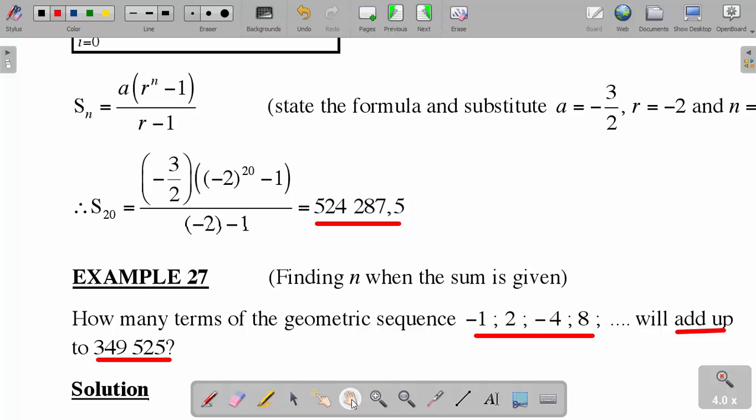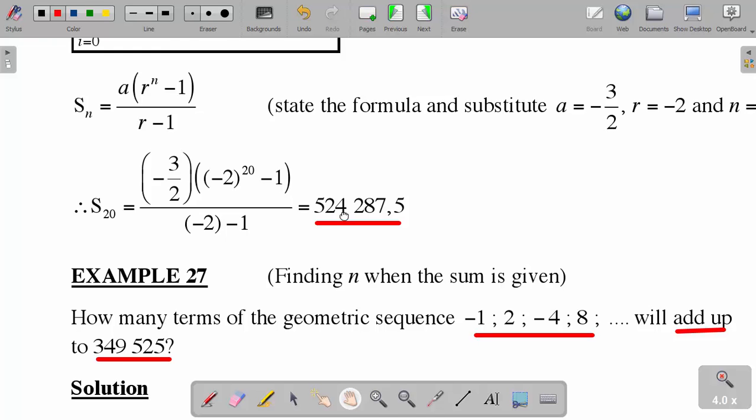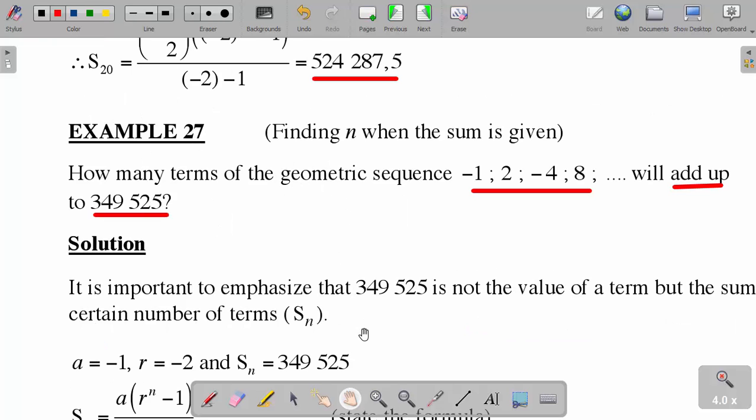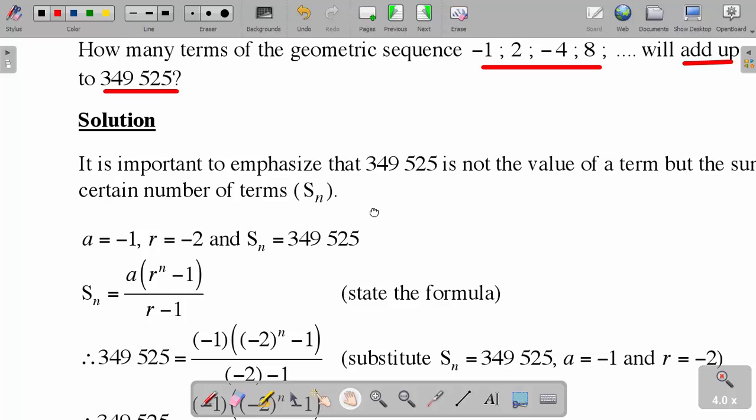Let's check it out. If you take our given information, we can find out that in this case our first term is negative 1, which you see here, and then 2 divided by negative 1 gives us negative 2, which comes out to be our common ratio. And then our Sn is 349525.